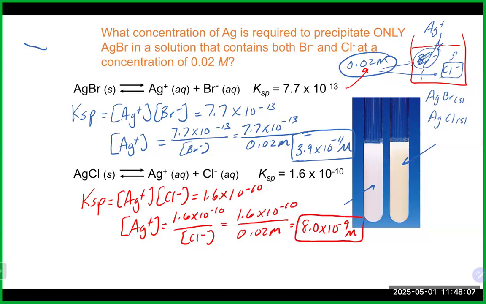So what does that number represent? That number represents the amount of silver that's needed for you to actually start seeing silver chloride precipitating out. So in this problem, if we wanted to precipitate out the silver bromide without precipitating any chloride, we would need a minimum concentration of silver of 3.9 times 10 to the minus 11.